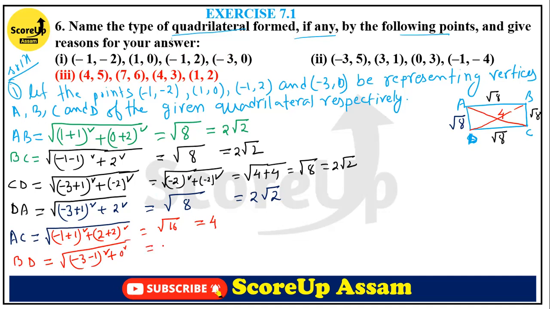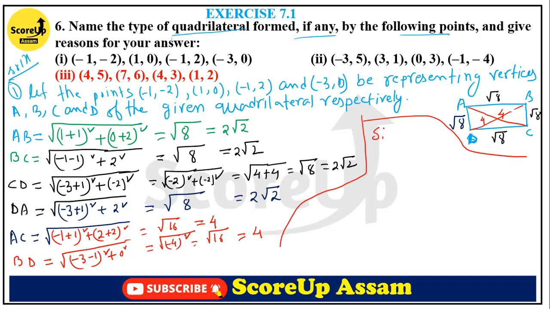No change. So it is minus 4 whole square. Minus 4 whole square means root over 16, which is ultimately 4. So this diagonal is 4, right? This diagonal is 4. So you should write like this. You should write at the end, because I don't have space, so I am writing here.